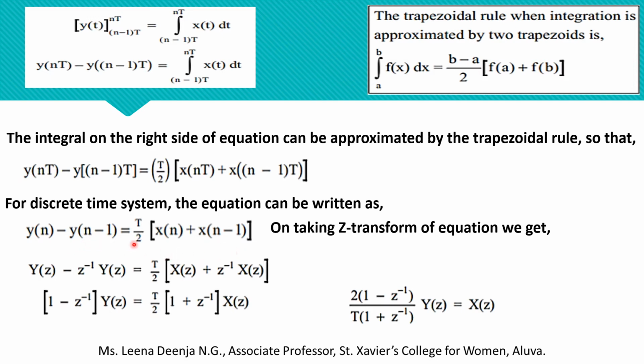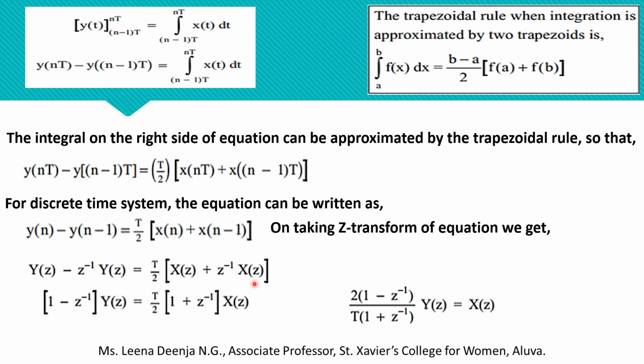And now we take the z transform of this equation. Z transform of y of n is Y of z. Z transform of y of n minus 1 is z raised to minus 1 Y of z. That is equal to T by 2 times X of z plus z raised to minus 1 X of z. Now Y of z is common here, so it is 1 minus z raised to minus 1 into Y of z, equal to T by 2.